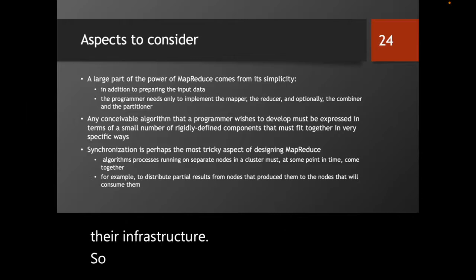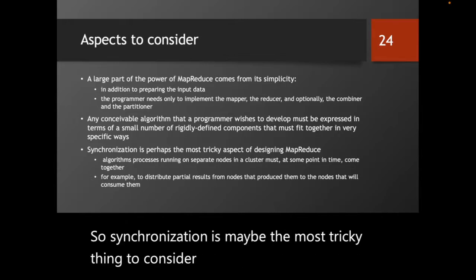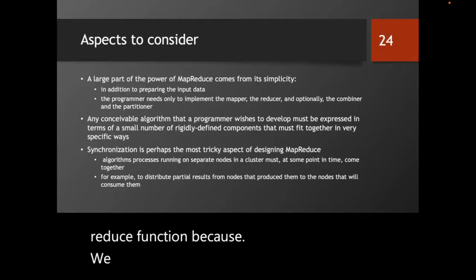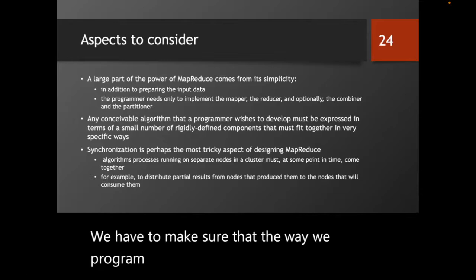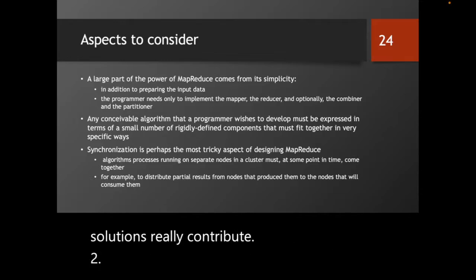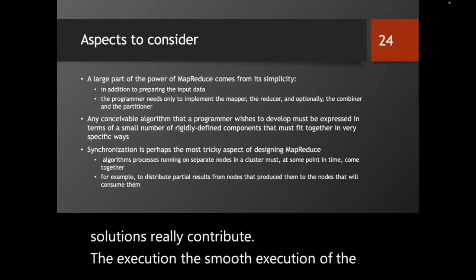So synchronization is maybe the most tricky thing to consider when designing a MapReduce function, because we have to make sure that the way we program solutions really contributes to the smooth execution of the map and the reduce function.